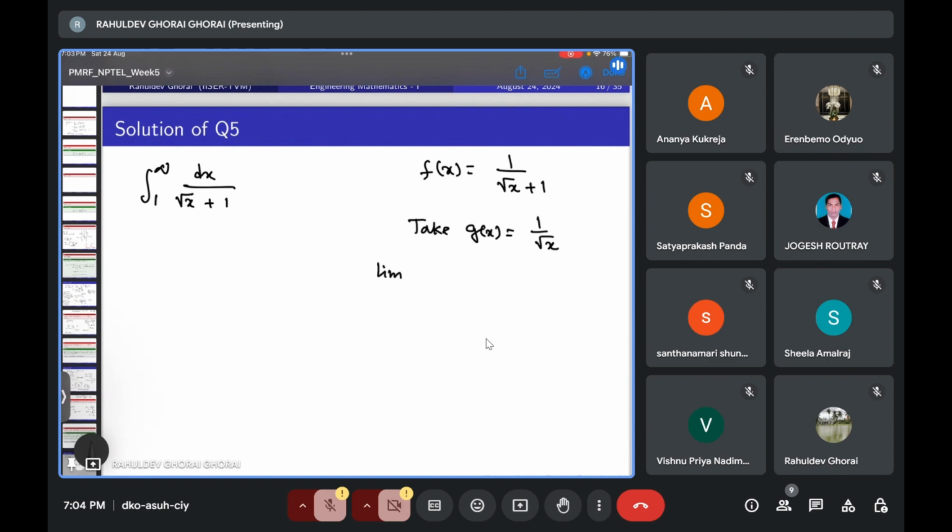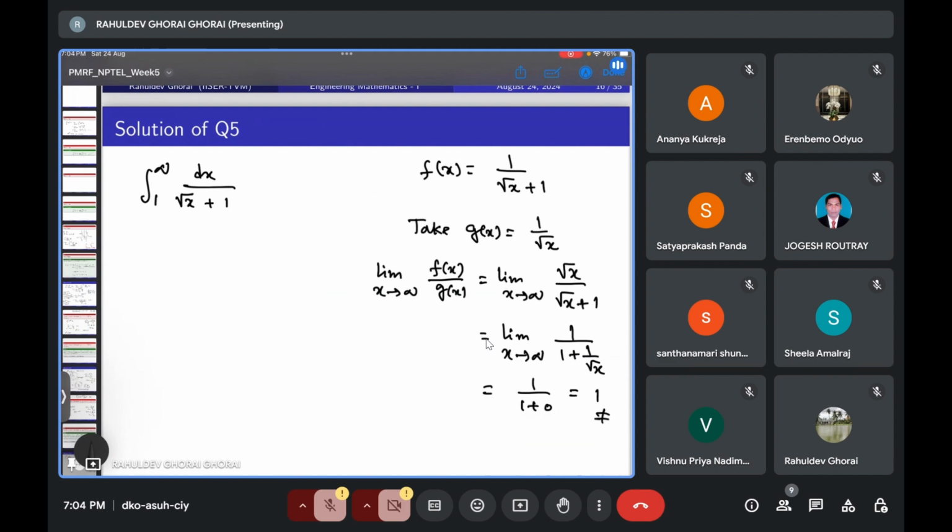Then we'll see the limit as x tends to infinity of f(x) over g(x), that will be the limit of square root of x over square root of x plus 1. That is nothing but the limit of 1 over 1 plus 1 over square root of x, just we divide by square root of x. That gives you 1 over 1 plus 0, which is nothing but 1. So 1 is not equal to 0.